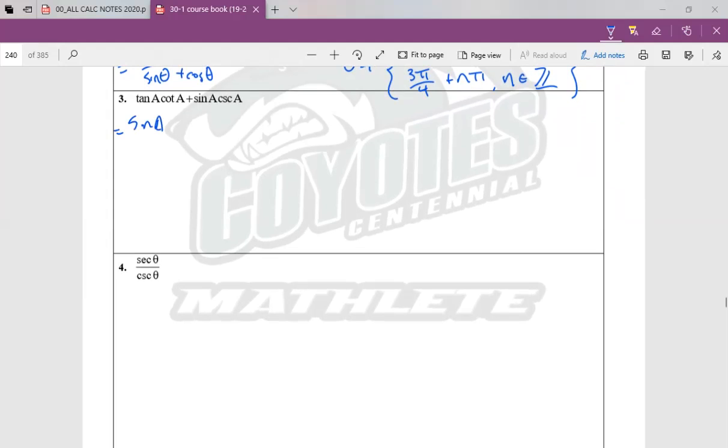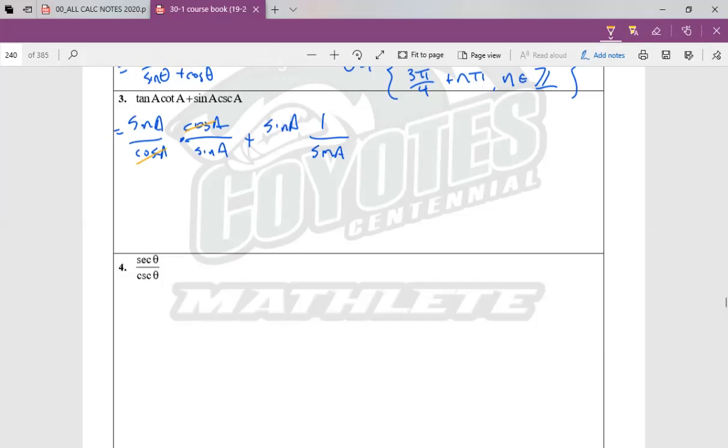We have sine A over cos A. Cotangent is cosine A over sine A. Second term, we have plus sine A times cosecant, and cosecant is 1 over sine A. So this is really going to clean up very nicely.